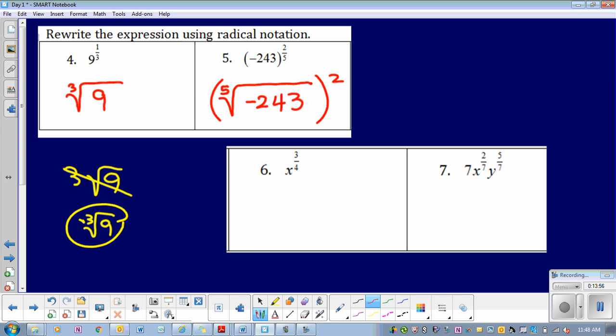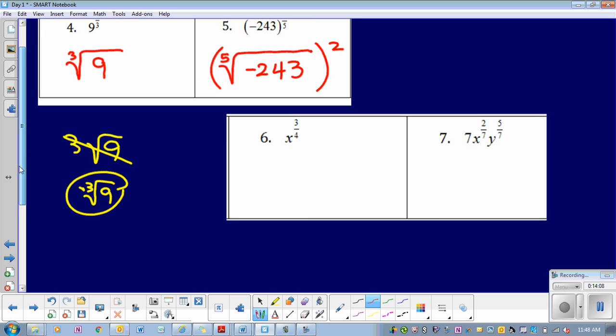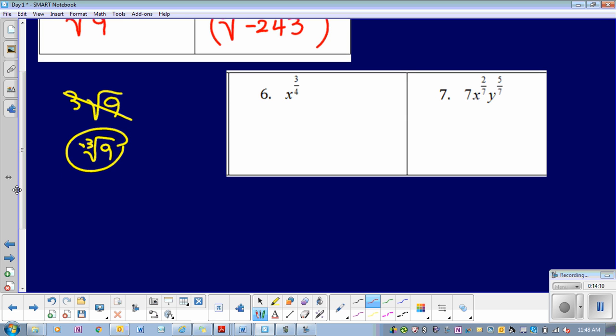Okay, so let's try number 6. You guys try number 6. If you want to try number 7, you can try number 7 too. You already tried number 7? All right. Well, it looks like most of you did number 6. So let me just catch up here. X, we had the 3, we had the 4.